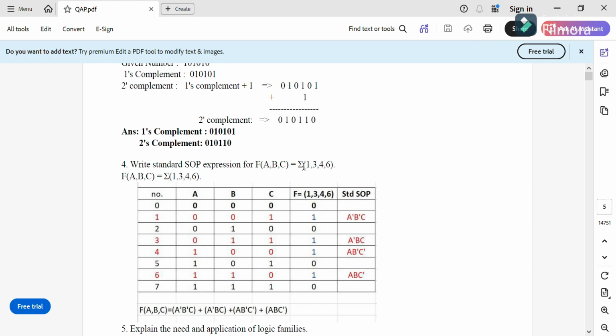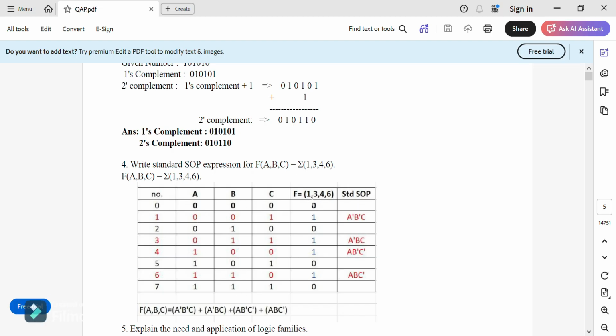Standard form. So I am giving this easiest method for you. First, you just write ABC as a truth table, like 0 up to 7. So start from the decimal numbers like 0 to 7. This table is easy for you to write. Here I am writing the decimal numbers.